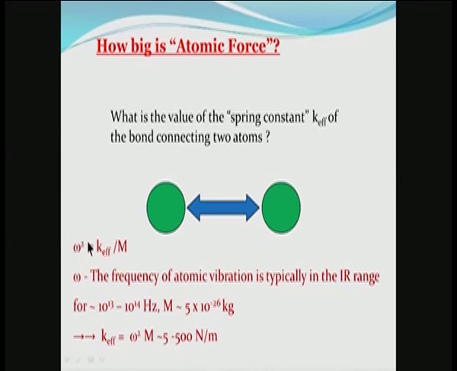Therefore, from the equation omega squared equals k divided by m, which is the ordinary simple harmonic motion equation, we can deduce that the k effective for the atomic bond is of the order of 5 to 500 newtons per meter, depending on the actual frequency. Omega can be different, and therefore, there is a range of values for k, which is 5 to 500 newtons per meter.